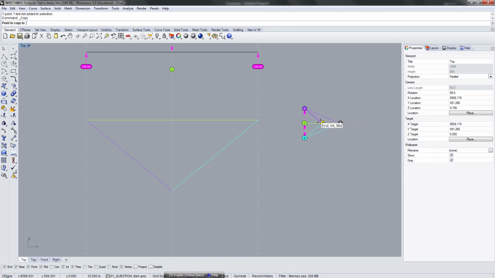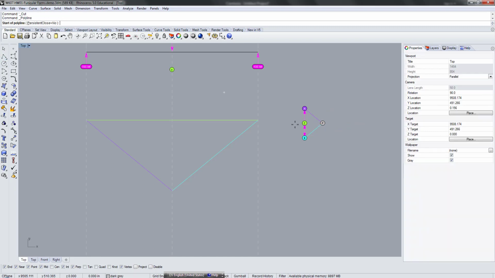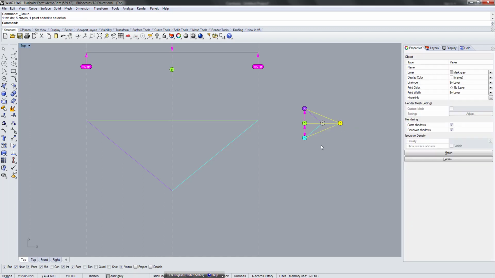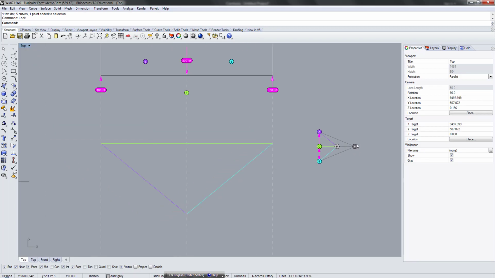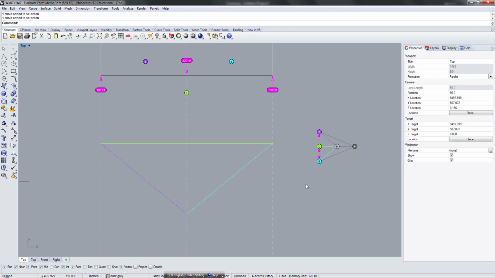And point P should move here. The horizontal line is here. I'm just going to show the original diagram as a comparison so you can see how it got shrunk towards the X direction.